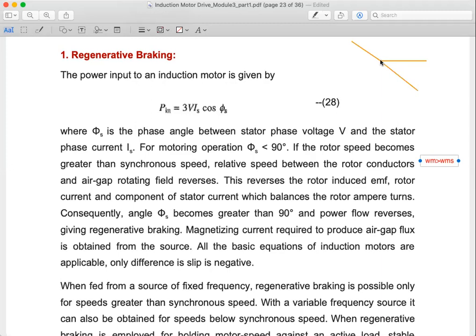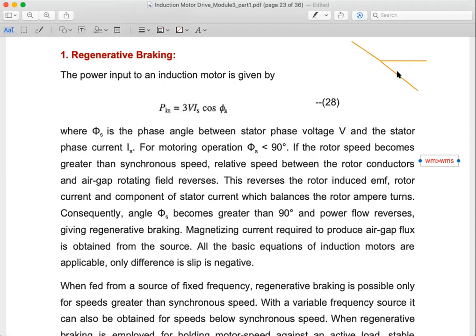Consider this is the stator phase voltage, and this is the stator phase current. What happens? The stator phase current is now reversed. Earlier the angle between voltage and current was phi s.